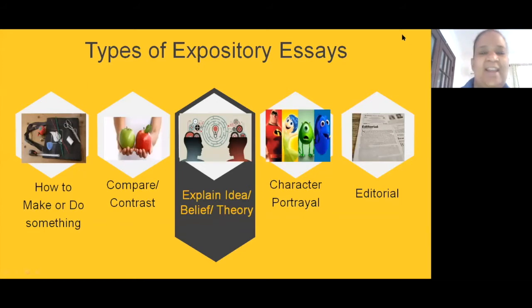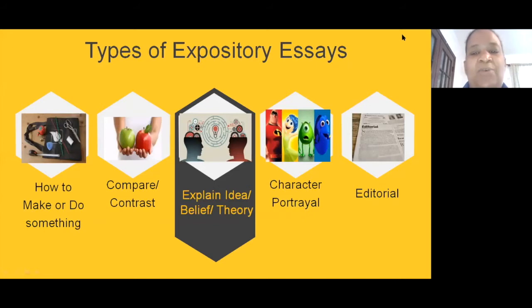And the one I left for last, that is in the middle, this is the type of essay that we use most often and we most often see in paper 1 of the BGCSE, where you explain your idea, your theory, your belief, okay? And as you're explaining, you're giving reasons to support this explanation, support this belief, support this theory, okay?